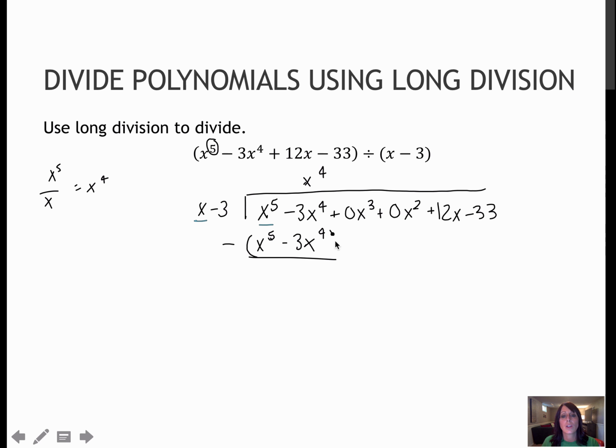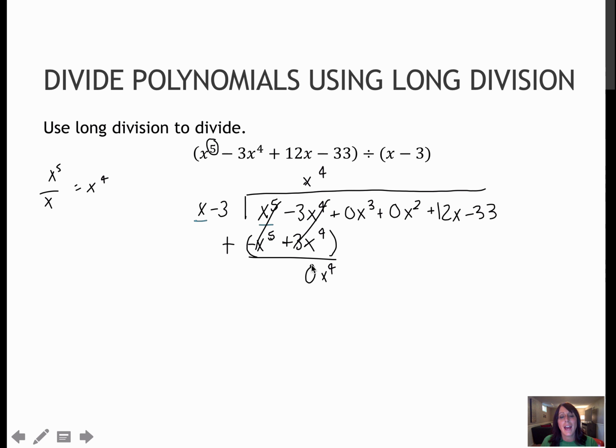I'm going to subtract the whole thing, always put it in parentheses, which means I'm going to add the opposites. That cancels out my first term. And look what happens here. I actually get negative 3x to the 4th and positive 3x to the 4th, so those cancel. And that gives me 0x to the 4th. It also gives me 0x to the 3rd and 0x to the 2nd.